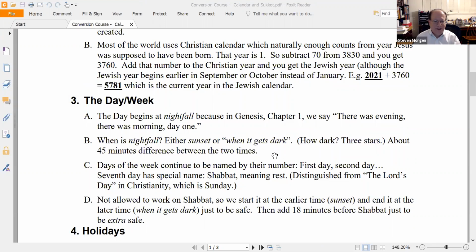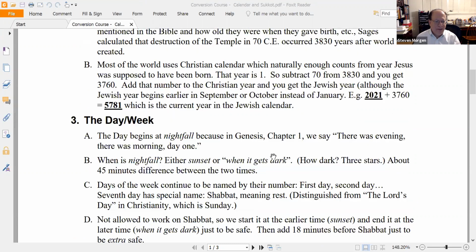So now let's talk about the day and the week. The day in the Jewish tradition starts at nightfall. So here's the thing. In the Western calendar, we start at midnight, which is great, right? But that only works when we all have clocks or watches, and we can synchronize our clocks or watches with everybody else's.